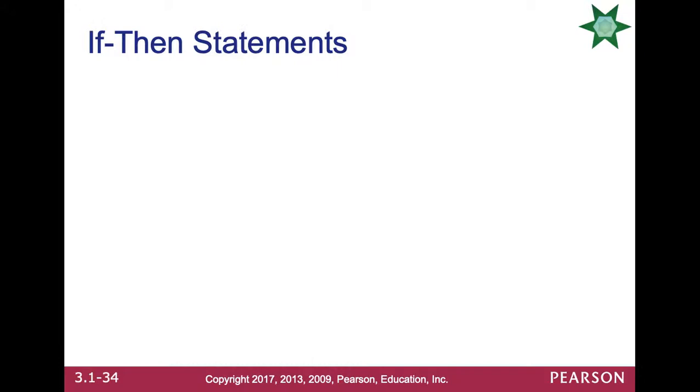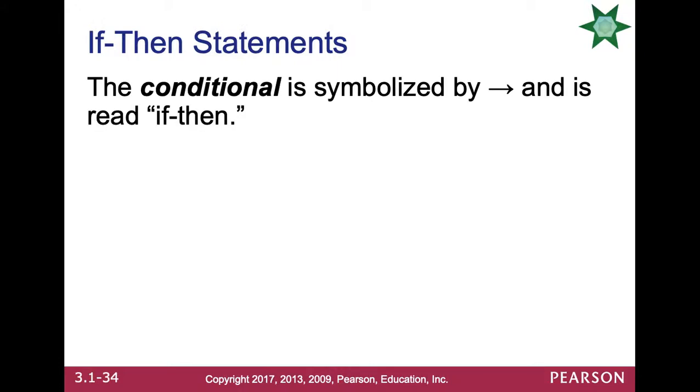So now we turn to the last thing, a conditional. A conditional is an if-then or if and only if statement. So we symbolize that by the arrow. It's read as if-then.